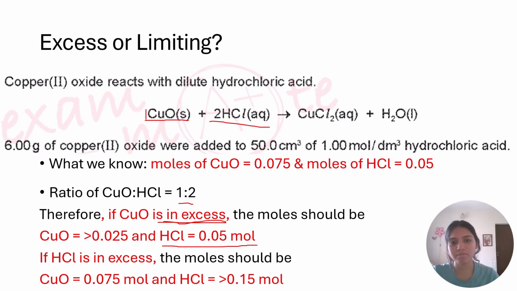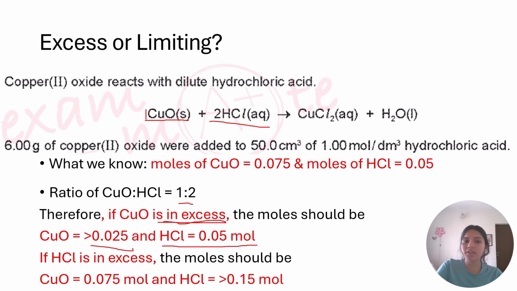Basically, the needed moles of copper oxide would be 0.05 divided by 2, correct? Because the ratio is 1 copper oxide to 2 HCl. So you divide 0.05 by 2, that's 0.025. So if copper oxide was in excess, CuO would have to be more than 0.025 moles present.